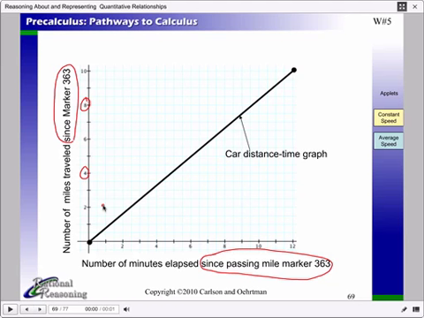The truck passed us at 363, and then we passed the truck at 373. The truck is always covering more distance than us for those 10 miles, right? And then we passed the truck again.